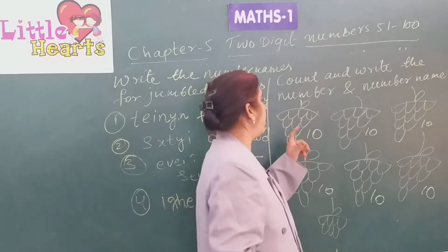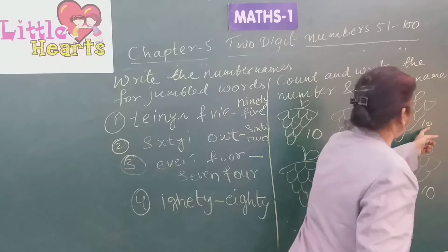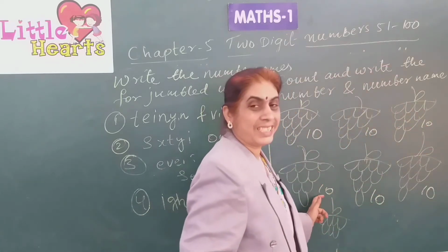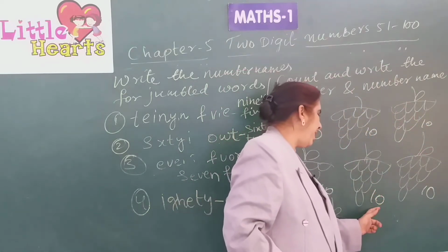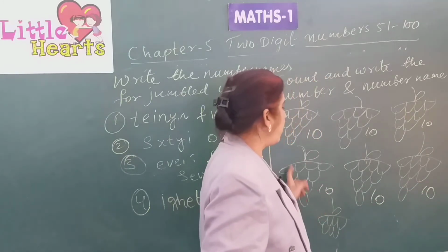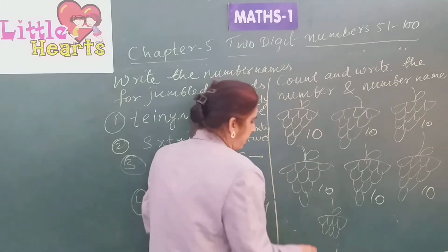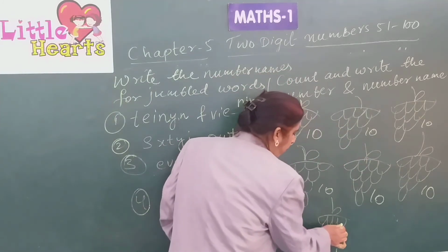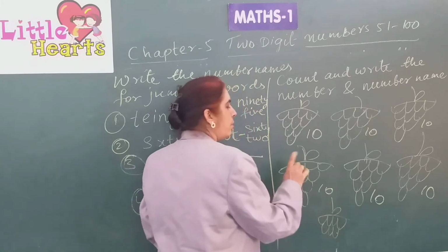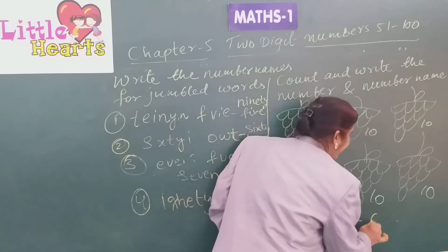So 10 plus 10, 20, 20 plus 10, 30, 30 plus 10, 40, 40 plus 10, 50, 50 plus 10, 60. 6 bunches of 10 each are there, that is 60, and here 1, 2, 3, 4, 5, 6, 7. So 60 plus 7 is 67.